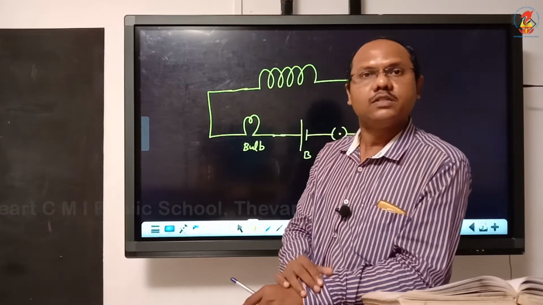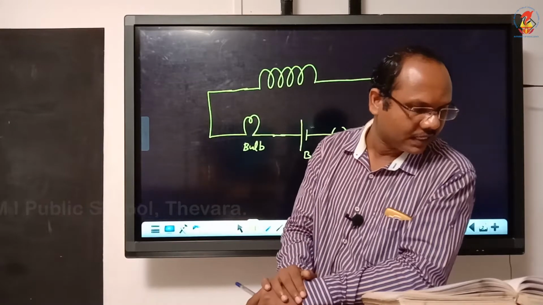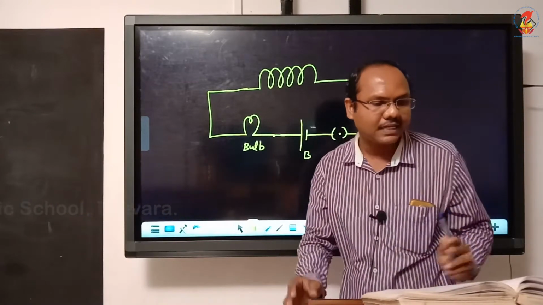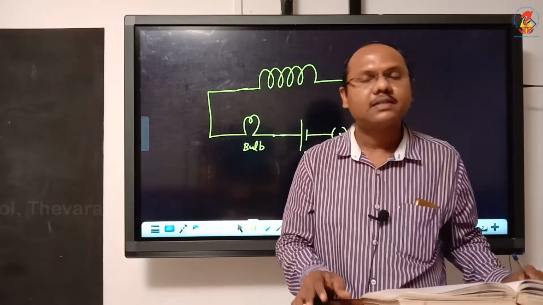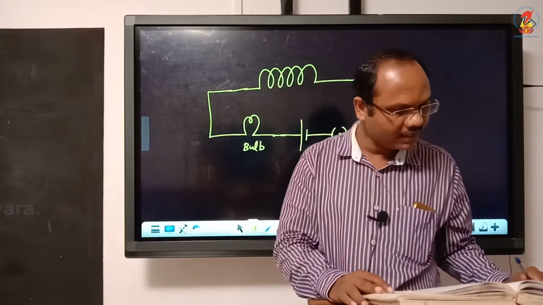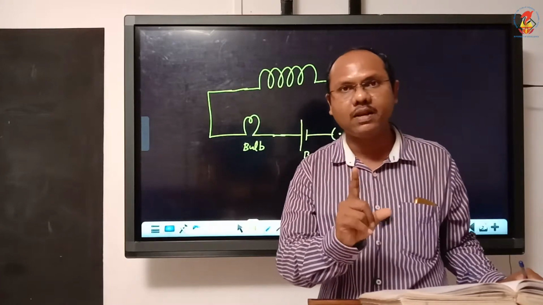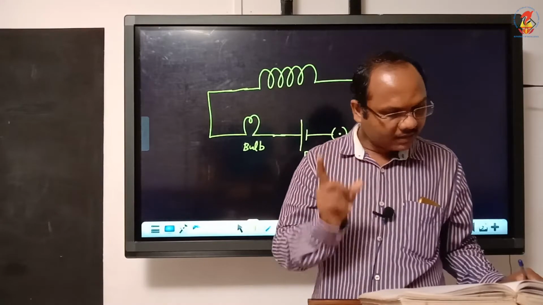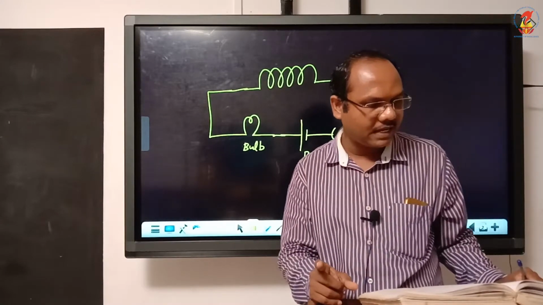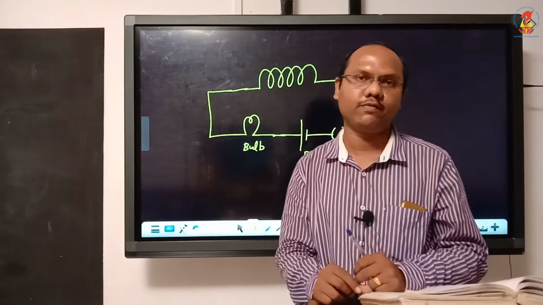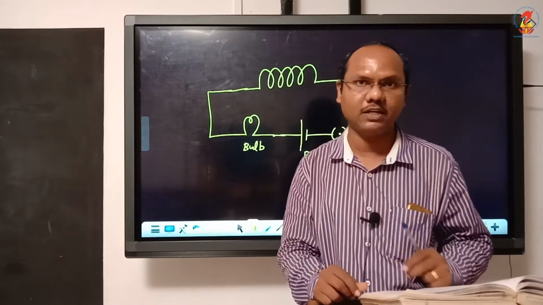Okay, so we can define self-induction like this. When a changing current flows through the coil, the magnetic flux linked with the coil will change and an opposing EMF will form. This EMF is called self-induced EMF or back EMF, and the phenomenon is called self-induction.